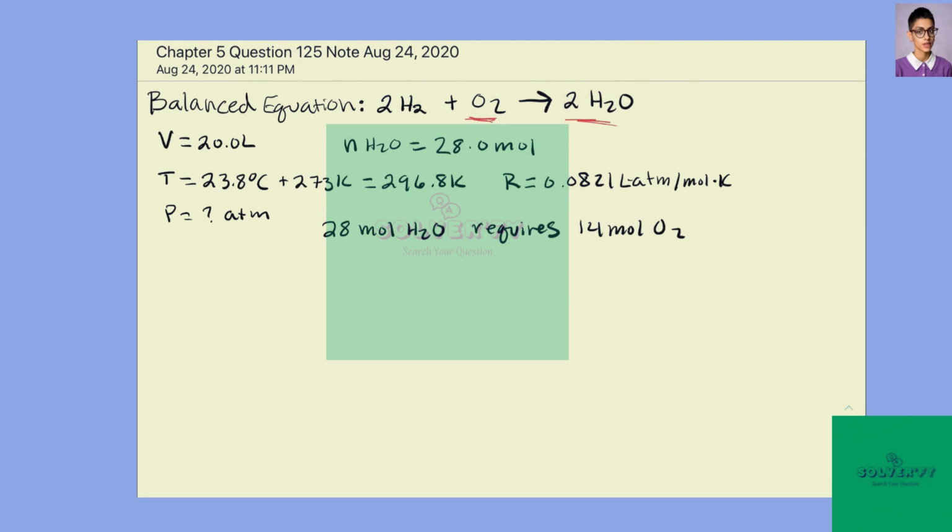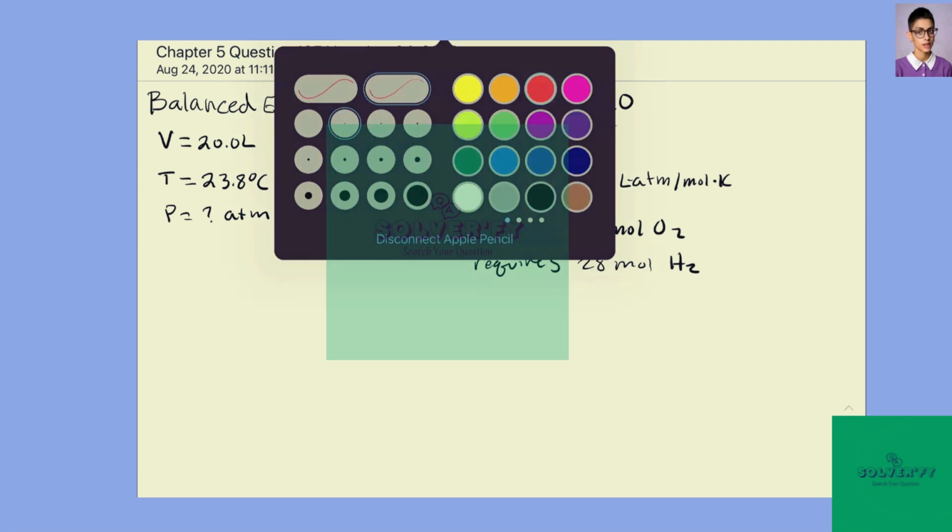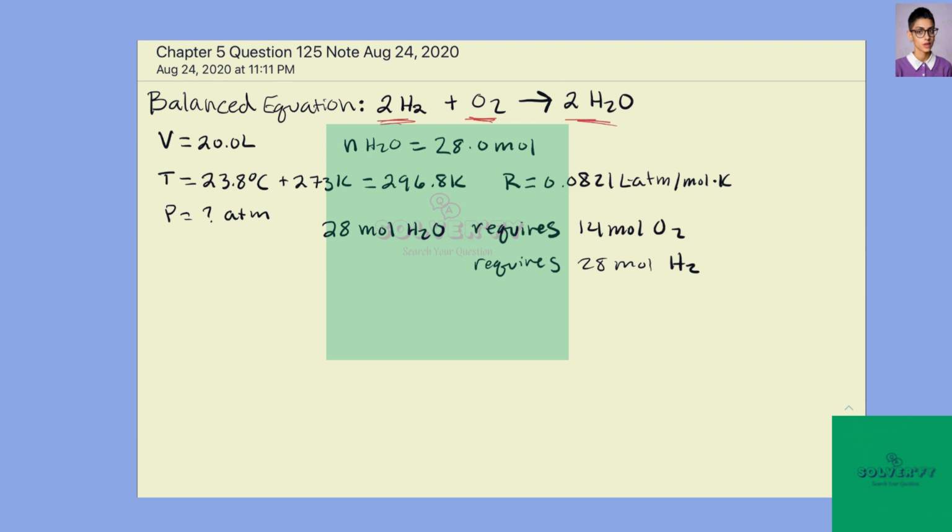And then 28 moles of water requires 28 moles of hydrogen. If we look, 2 moles of hydrogen to 2 moles of water.